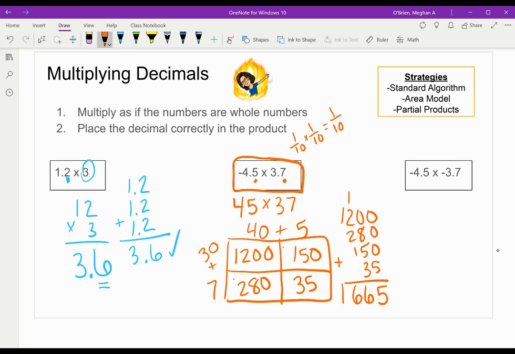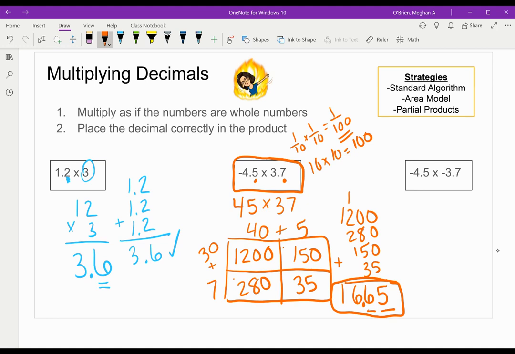Tenths times tenths is hundredths, because I know 10 times 10 is 100. So if I had tenths pieces times tenths pieces, they're getting so tiny, they're getting into the hundredths. I'm going to want to make sure my product down here is to the hundredths place. So my decimal goes there, 2 spots over. This answer makes way more sense. Okay, so 16 and 65 hundredths is the product to that.